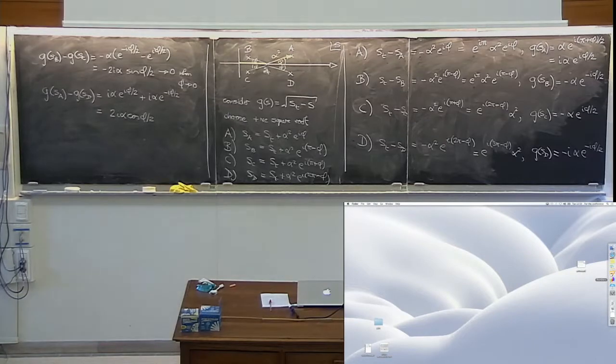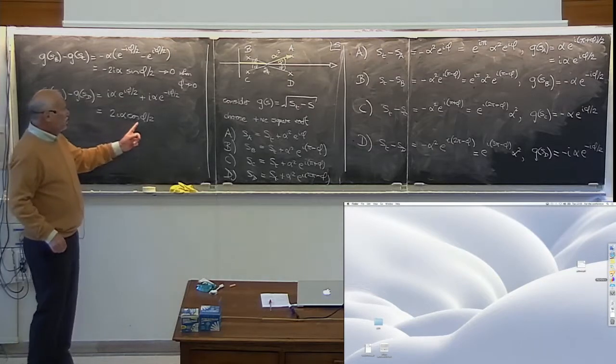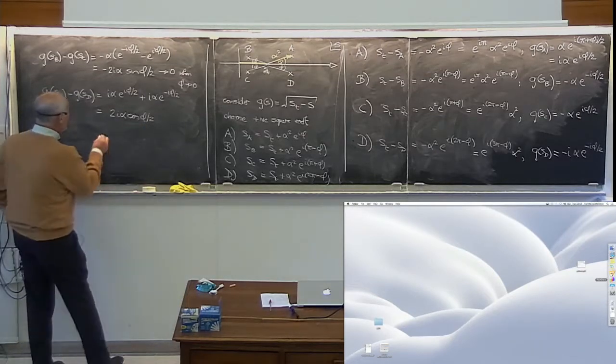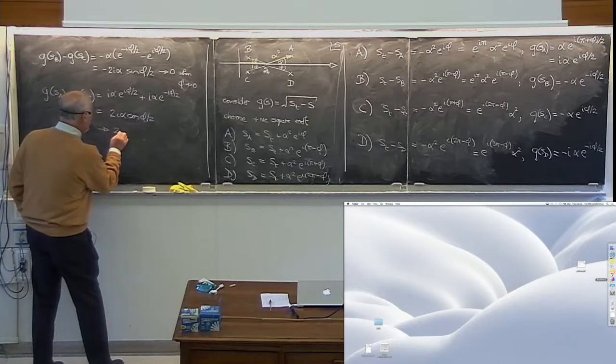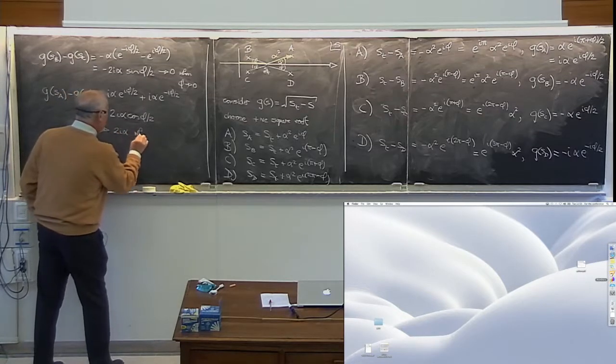And now we see when we let phi go to 0, the answer isn't the same. This goes to 2I alpha when phi goes to 0.